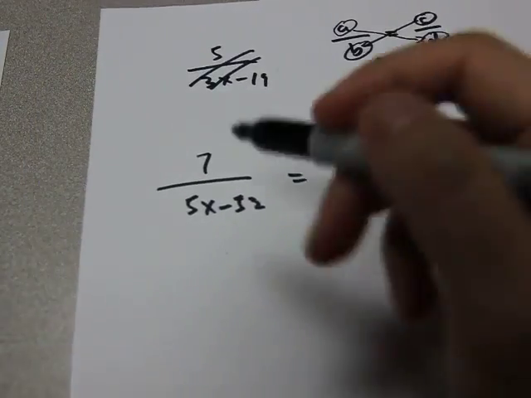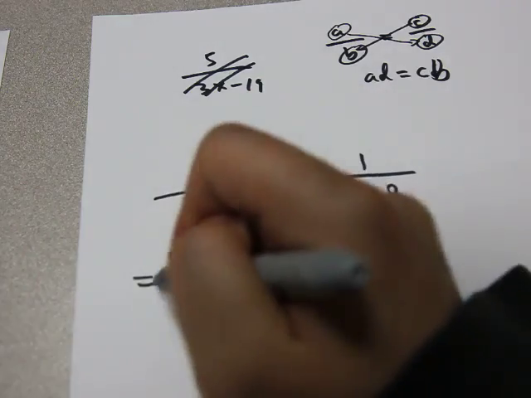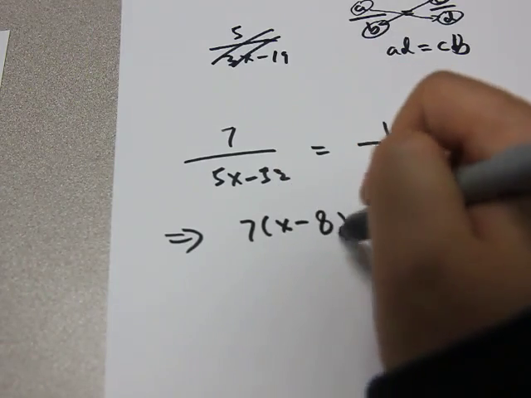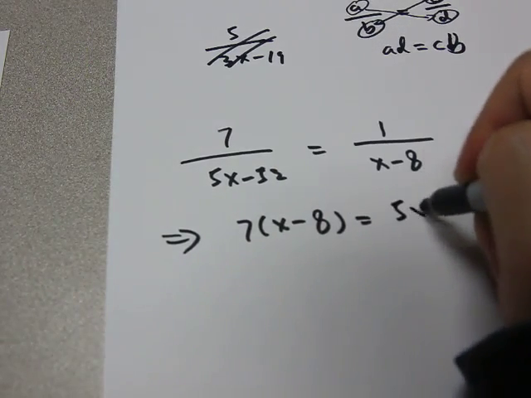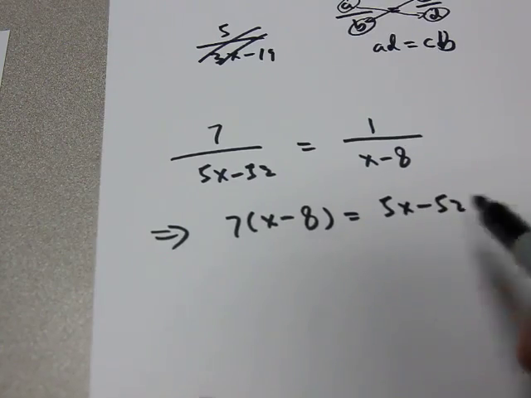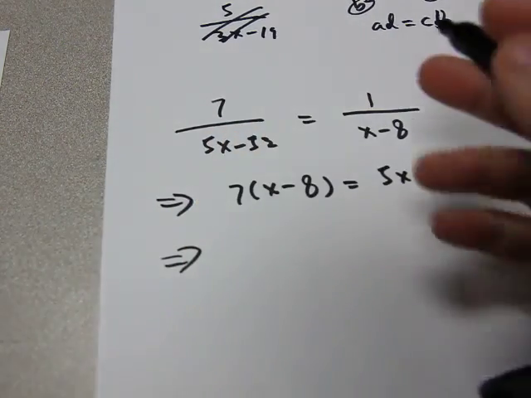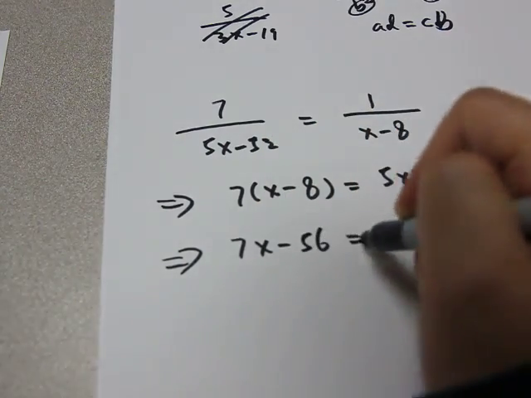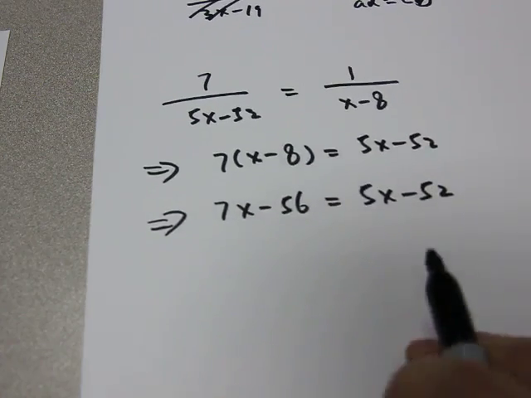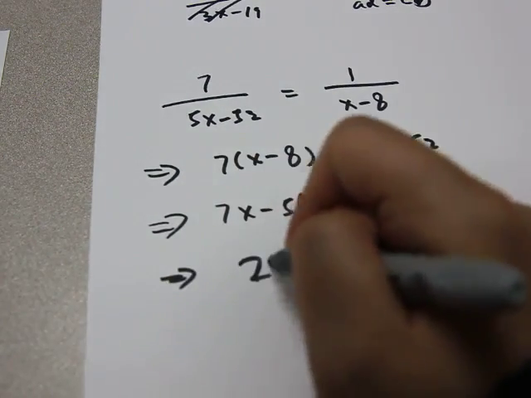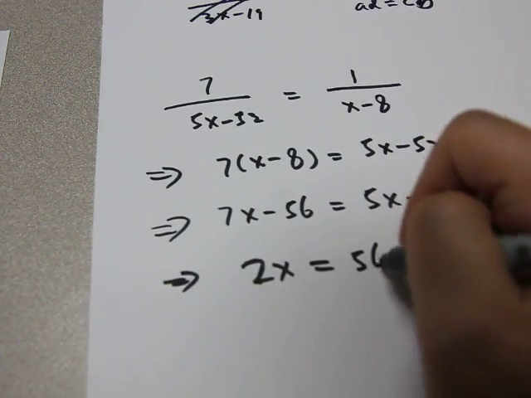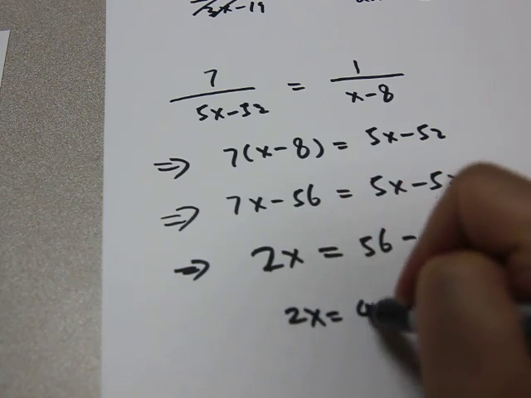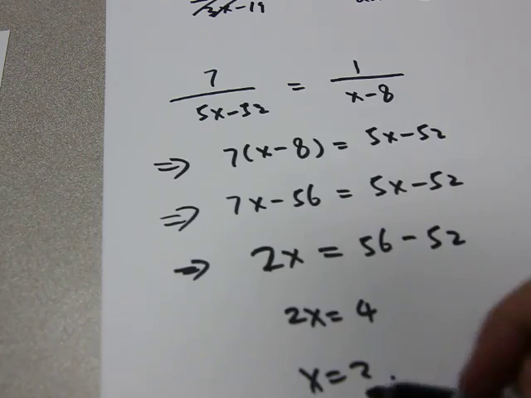Okay? So if we use this technique, first, we can rewrite the equation into 7 times x minus 8 equals 1 times 5x minus 52, which is 5x minus 52. And then, to solve the equation, we have 7x minus 56 equals 5x minus 52. So we have 2x equals 56 minus 52. So we have 2x equals 4, so x equals 2. Okay?